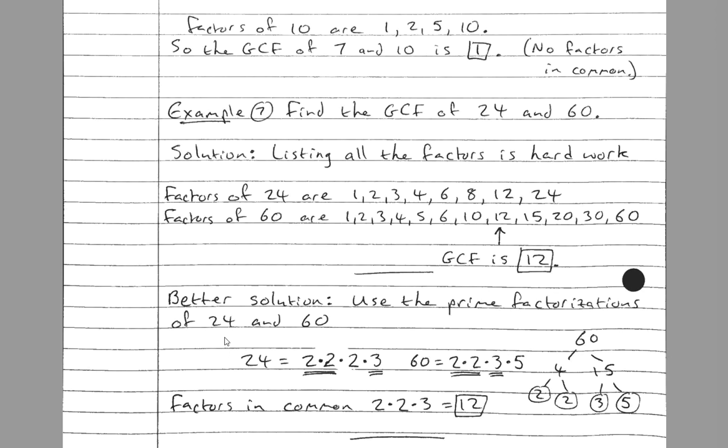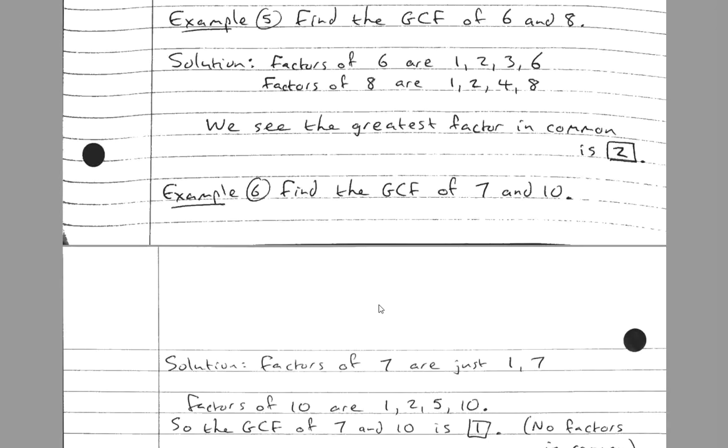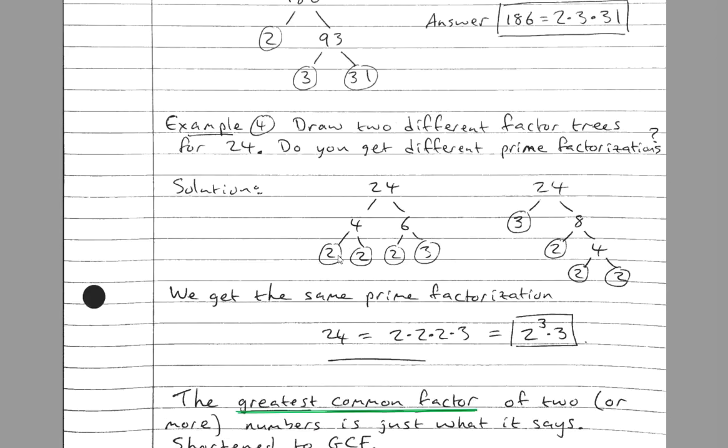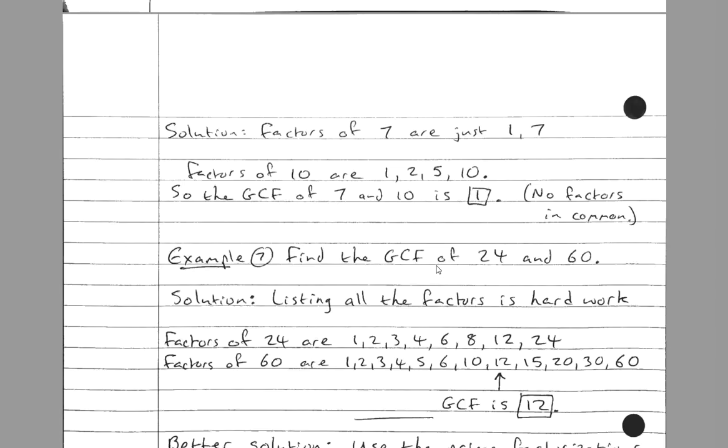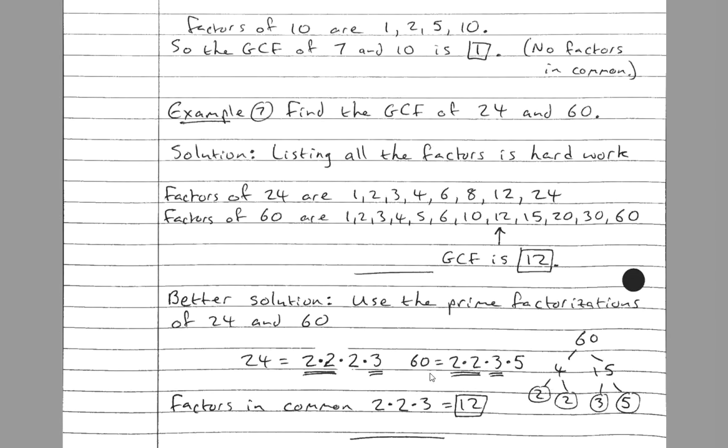All right, so 24. We saw this already. So 24 is 2 times 2 times 2 times 3. It's prime factorization. Yeah, there it is. 2 times 2 times 2 times 3. 60.